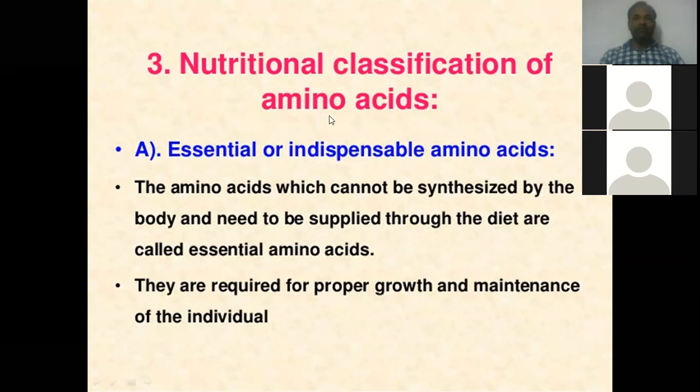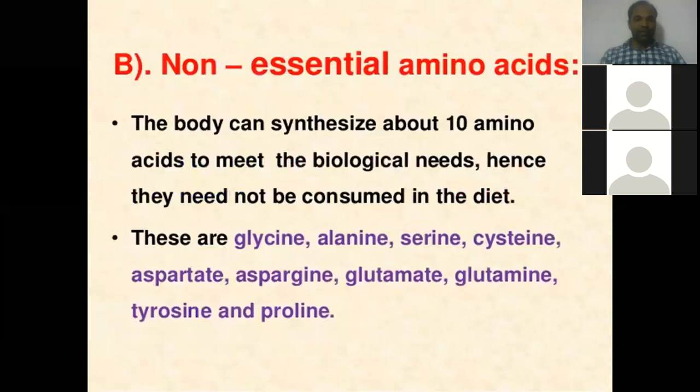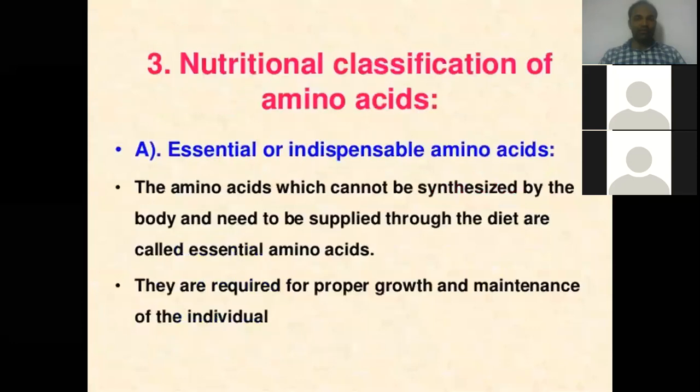So on the basis of nutritional value, amino acids are classified. The first category, that is the essential or indispensable amino acids, and second one, that is the non-essential amino acids. ठीक है, पहले दिए essential amino acids और दूसरे दिए हैं non-essential amino acids.